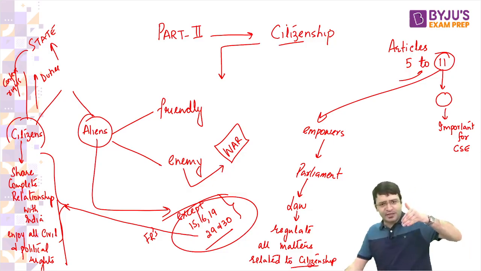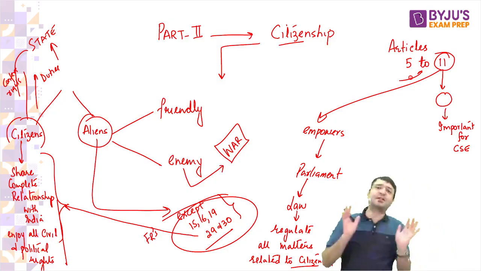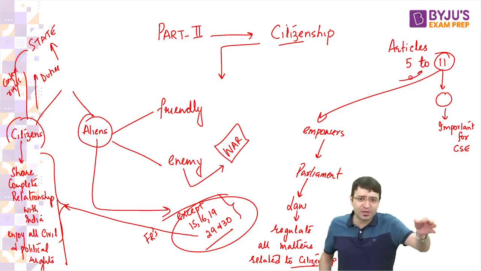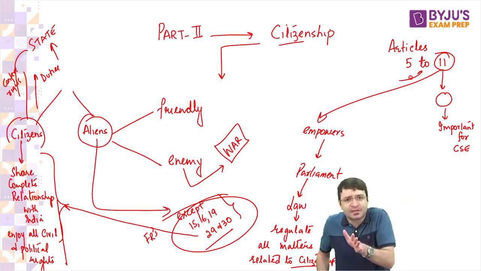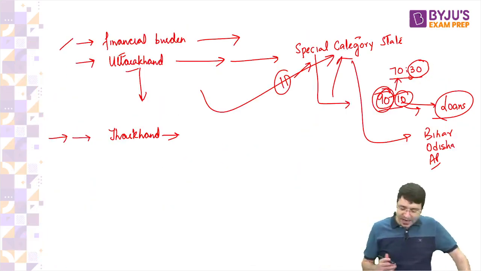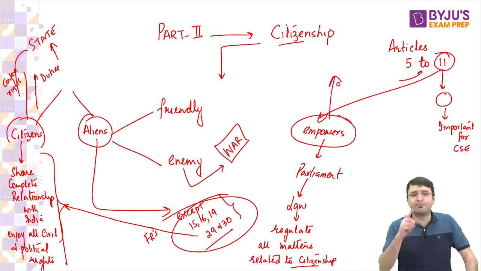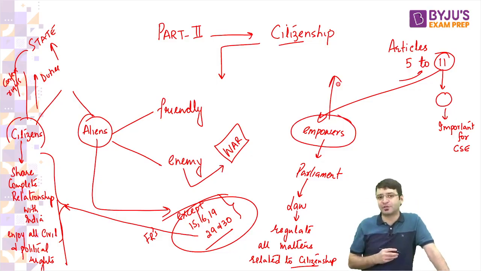That means the Constitution has defined only those who are the citizens at the time of the commencement of the Constitution. But after that, the ball is in the court of the Parliament. The ball is with the political class. You decide, you define who can now become the citizen of India. How can they become citizens of India? How can citizenship be revoked as well? That is why Article 11 gives power to the Parliament that you can pass a law, and through this law you can regulate all matters related to citizenship.